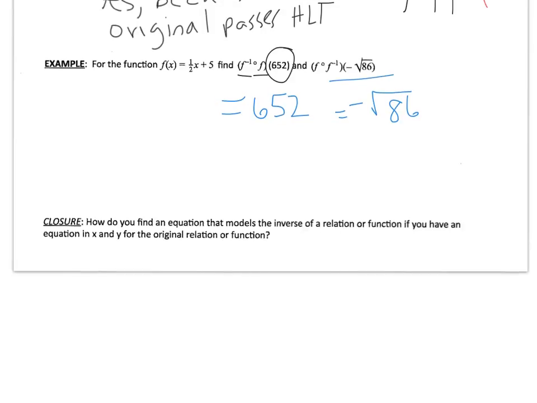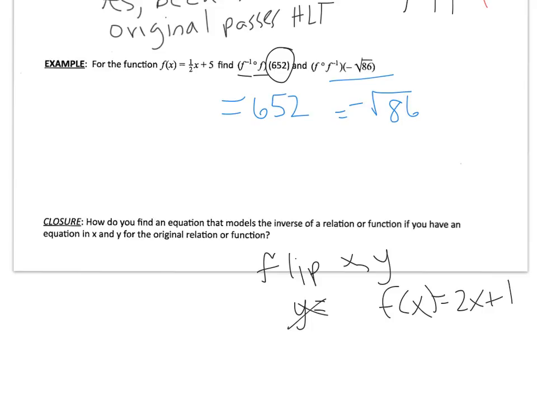And then how do you find an equation that models the inverse of a function or relation if you have an equation in x and y? What you do is you flip the x and the y around. So if your function was, I'll use f of x equals 2x plus 1. This is the same thing as y equals 2x plus 1.